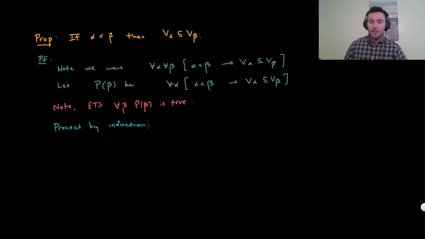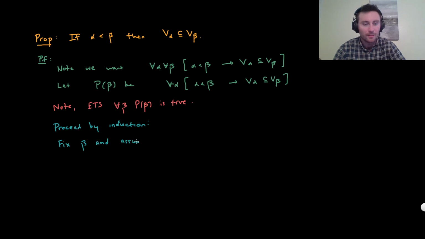What do we do in a transfinite induction? We fix some beta and assume that P of alpha holds for all alpha less than beta. And what's our goal? Our goal is to show that P of beta is true.